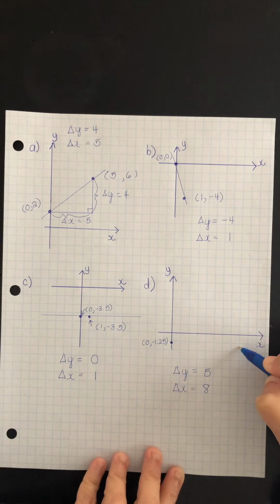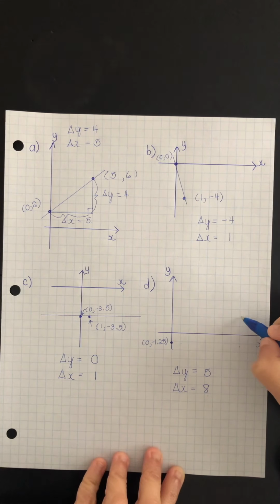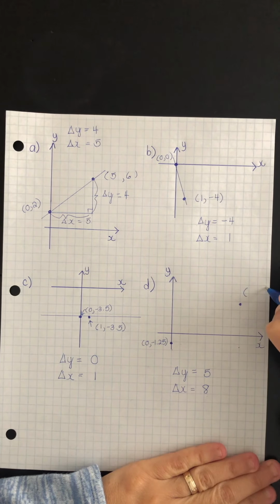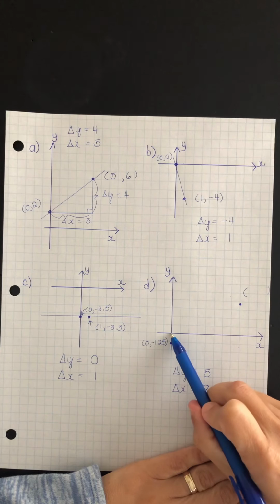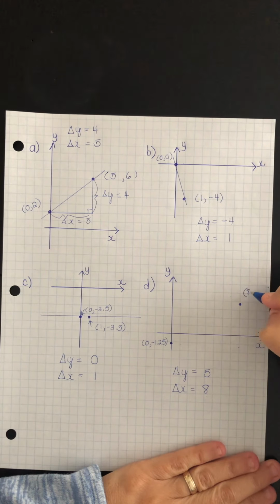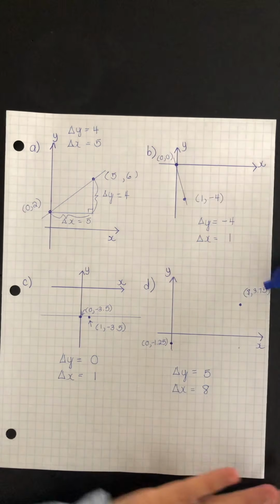So that's going to get you to 3.75. So 3.75 right there. Okay? And the coordinates of this point are, so from the origin, 8 and positive 3.75, like that.